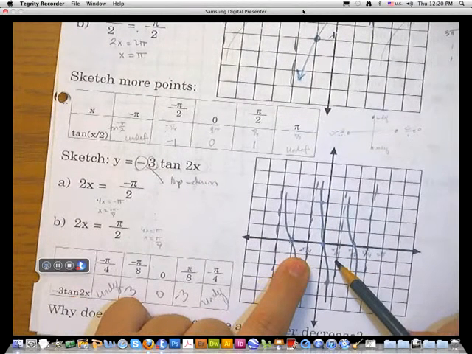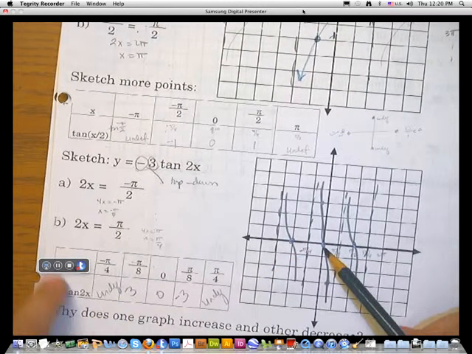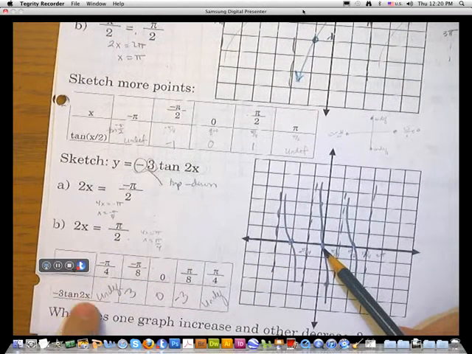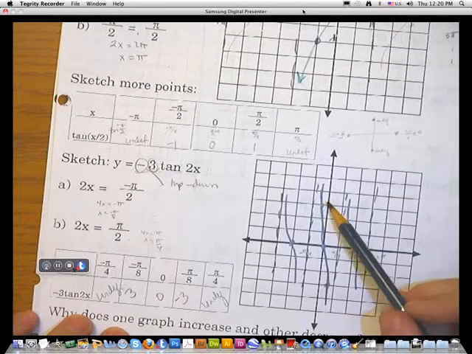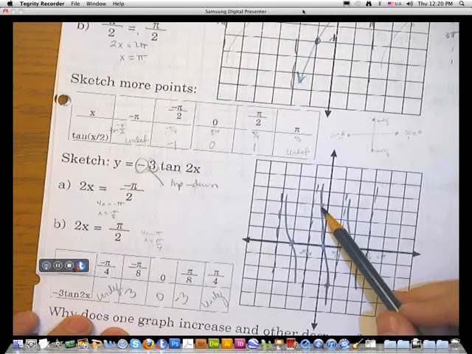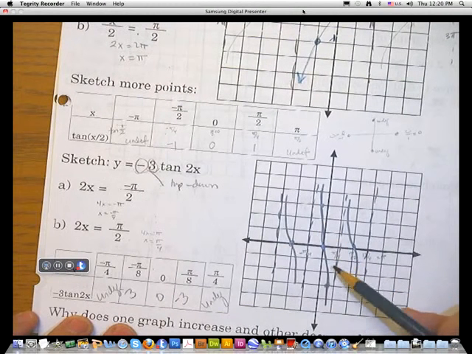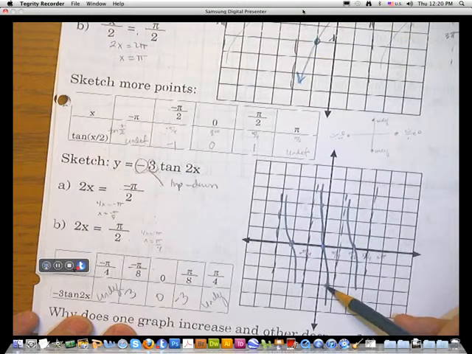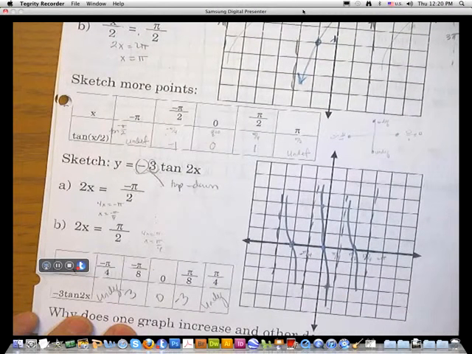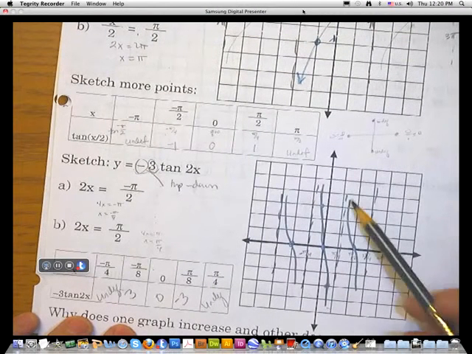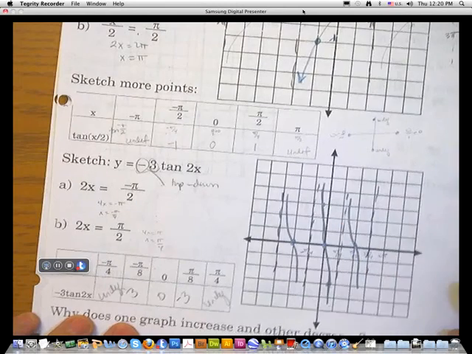That's one cycle. Now make your graph a little bit more accurate by filling in the t-table. So undefined, pi over 8 halfway, which is 3, 0 halfway of the beginning and end, another halfway is negative 3, and then approaching undefined. So again, it's just making it a smoother graph.